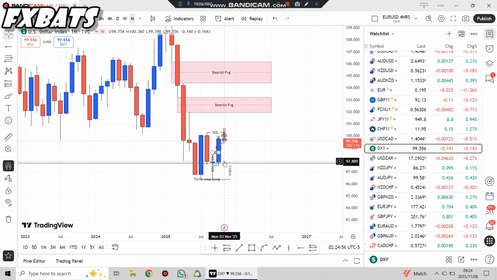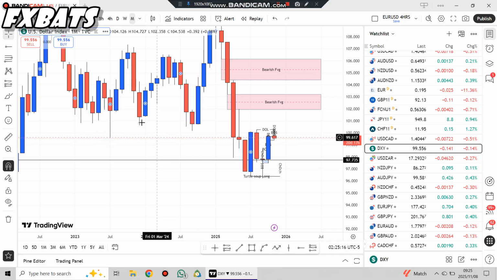So gauging the direction or the bias, basically I'm going to use the previous monthly candle. This is a bold bullish candle, a bullish disrespect candle.